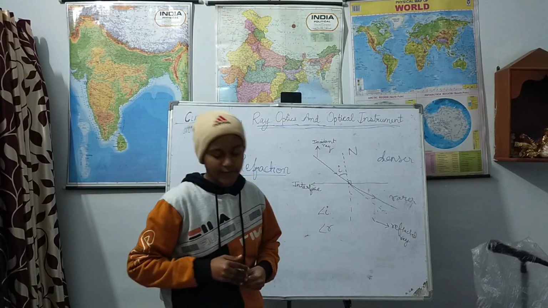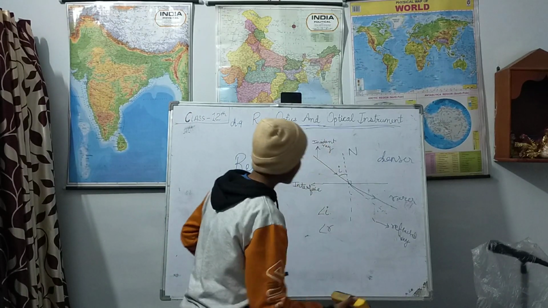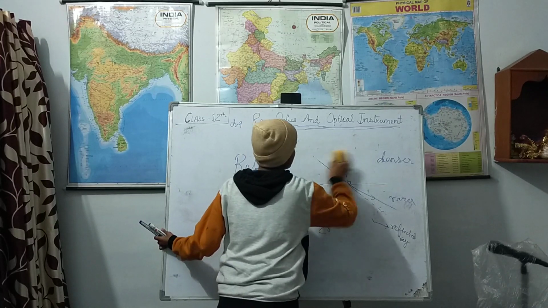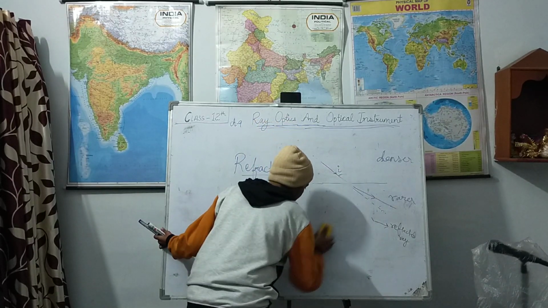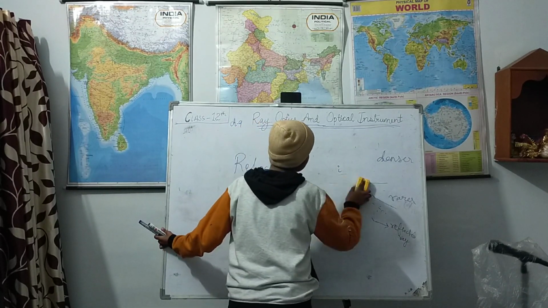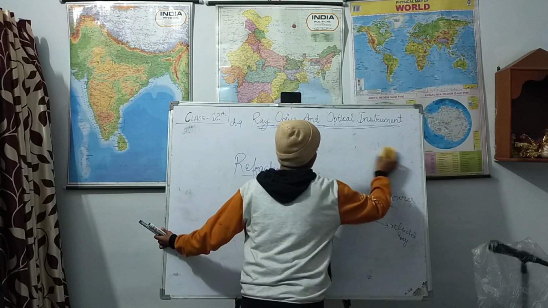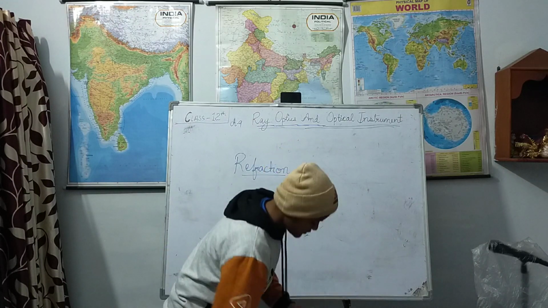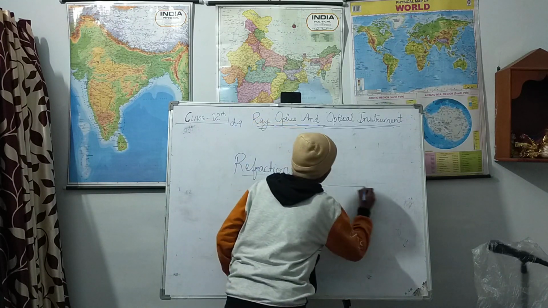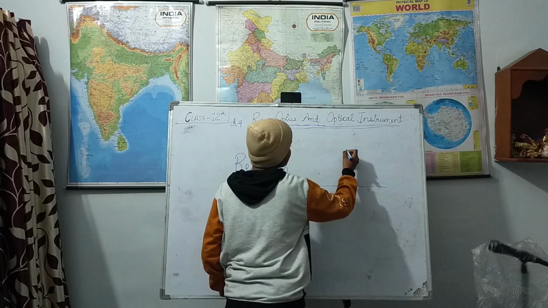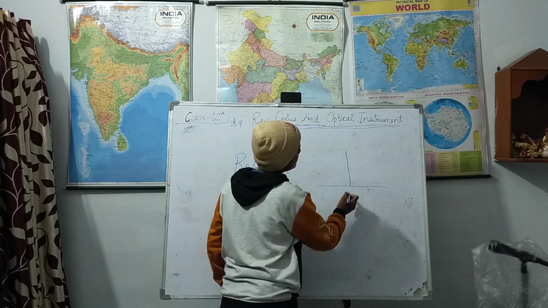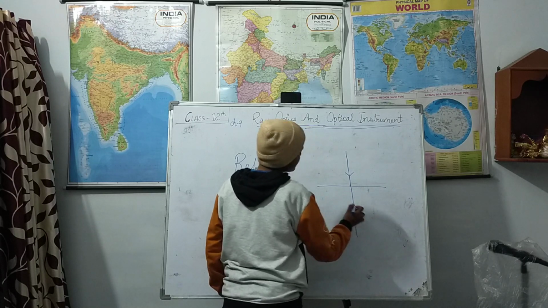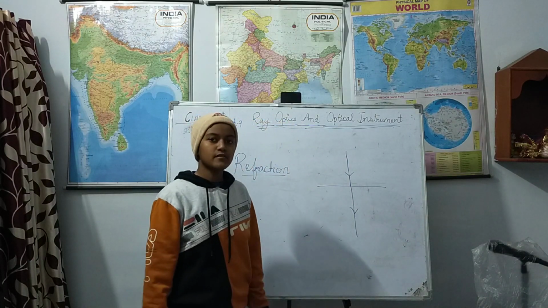Now this is refraction. Now we'll understand some other topics too. Now, if this is the interface, and a light is incident like this and also refracting like this, in this case, is it refraction?